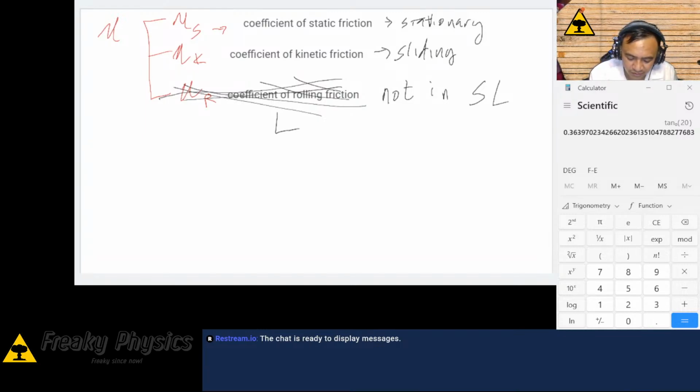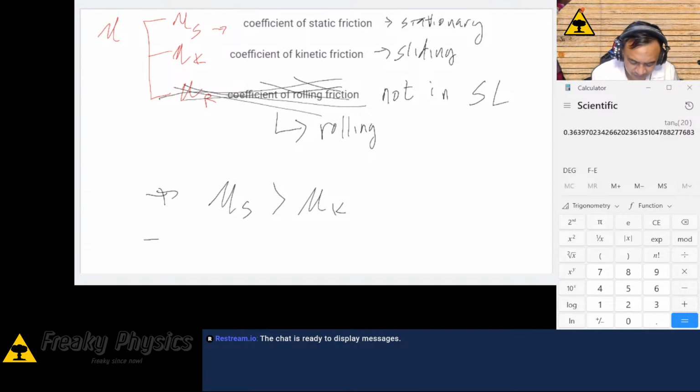And of course, rolling friction would be rolling objects. You have to be aware of this relationship because this can be asked later on. Mu s is always greater than mu k. That's the first thing that you should know.